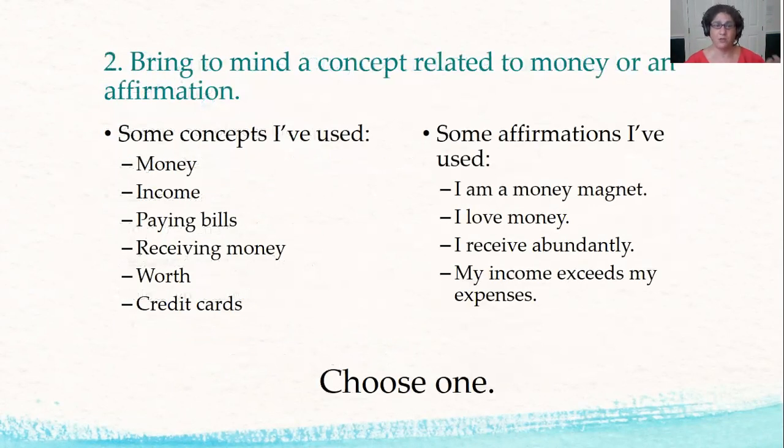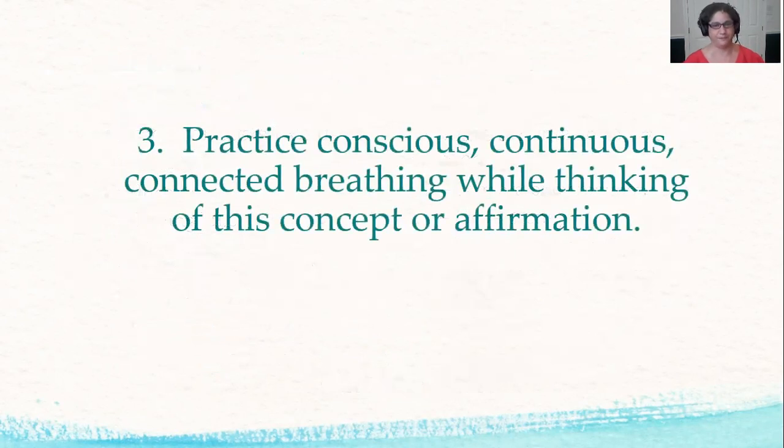Then I'm going to invite you to bring to mind a concept. The concept we're going to use today is money and abundance. So we're going to combine it. It's kind of cool because it's actually two topics, but we're going to do money and abundance. And then you practice conscious, continuous, connected breathing while thinking about this concept.